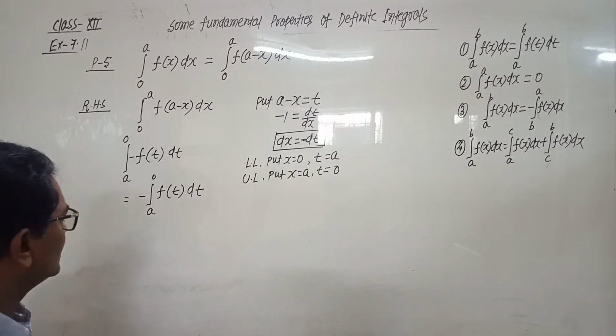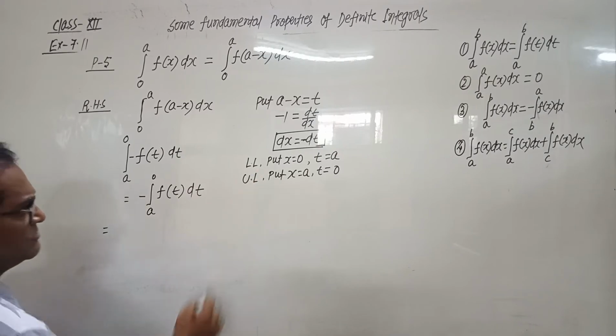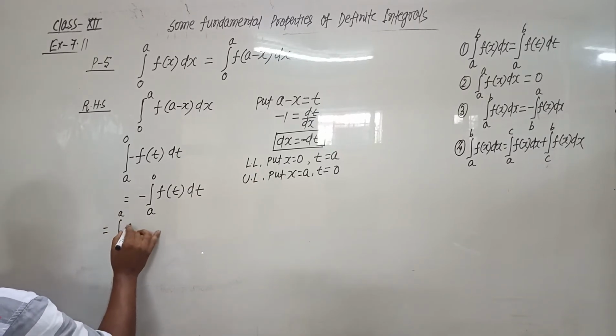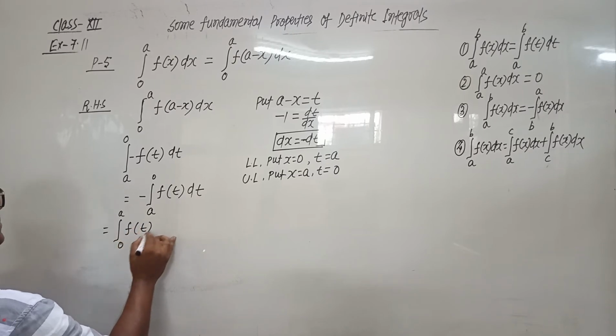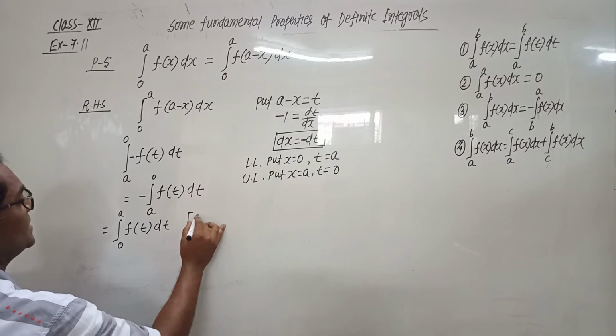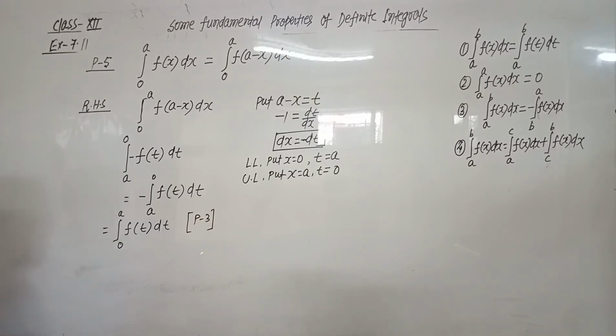So using property number 3, this becomes integration 0 to a of f(t) dt.